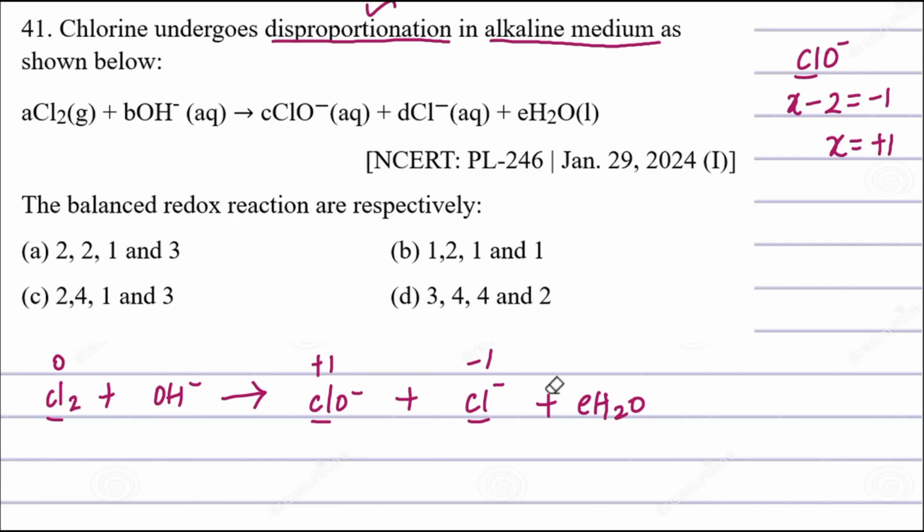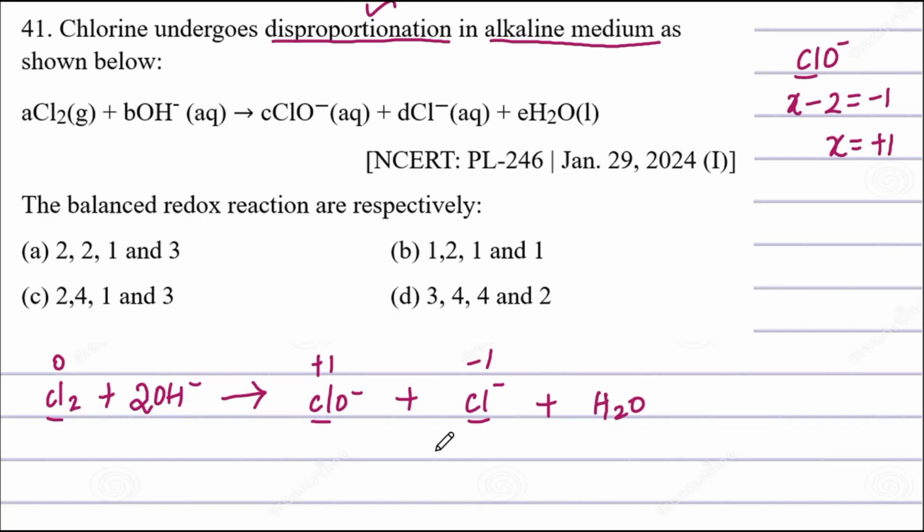The number of oxygen atoms in the reactant side is 1, and in the product side, ClO- has 1 atom and H2O has 1 atom, so 2 atoms are present. The number of hydrogen atoms in the reactant side is 1, and in the product side H2 is present, so 2 atoms. So the number of oxygen and hydrogen atoms is less in the reactant side than the product side. So you have to balance the reactant side by putting 2 in front of OH-. So this is the overall balanced reaction.